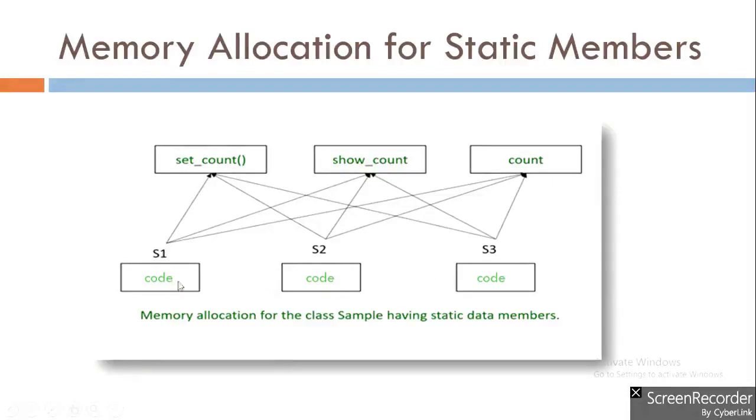But as we declared integer code as a normal data member, it can have a separate copy for each object. So this is how memory allocation for the static data members and static member functions is done.